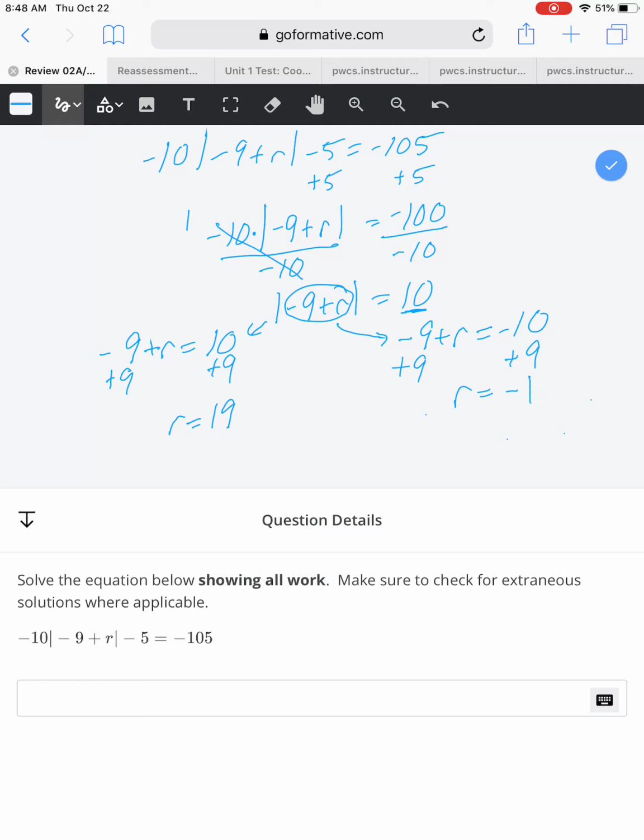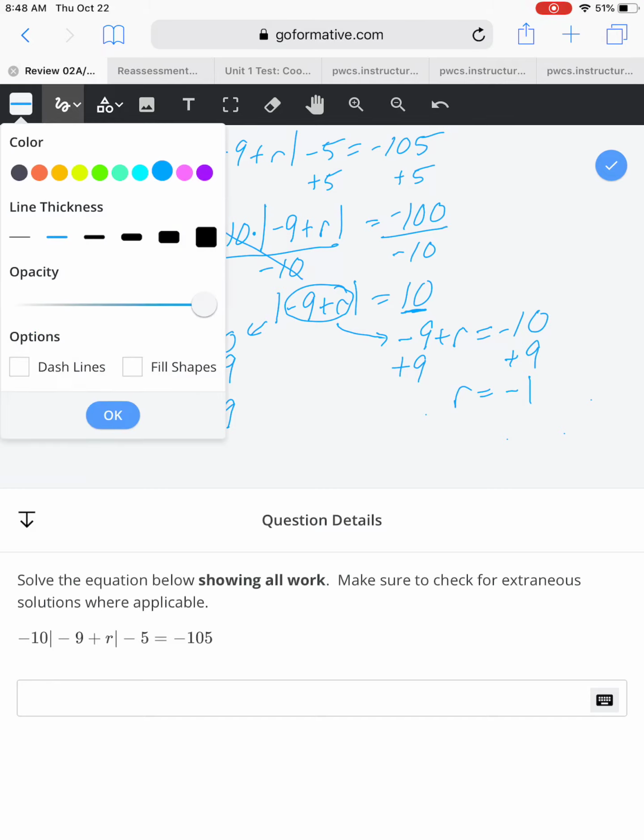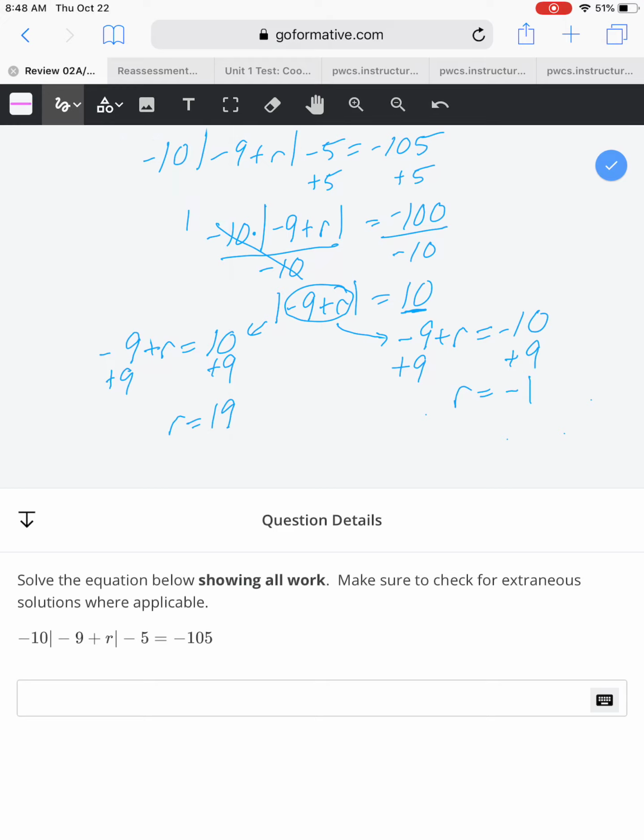Okay, this is not an occasion where you're going to have extraneous solutions. You can do a check. I'll just do a quick check on this right here. So if r is 19, I'd say negative 10 times the absolute value of negative 9 plus 19, minus 5 is equal to negative 105.